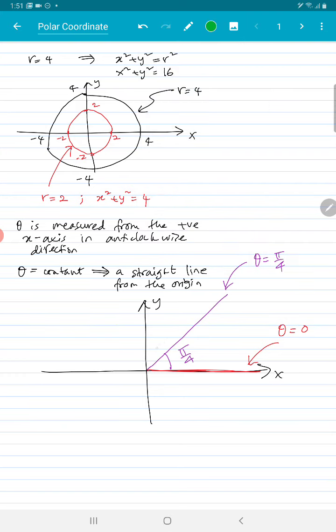And the positive y-axis, if you measure an angle, that would be pi over 2, or 90 degrees. So the equation for that positive y-axis would be theta equals pi over 2.